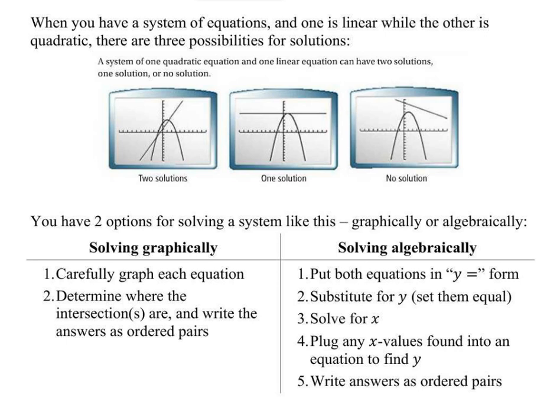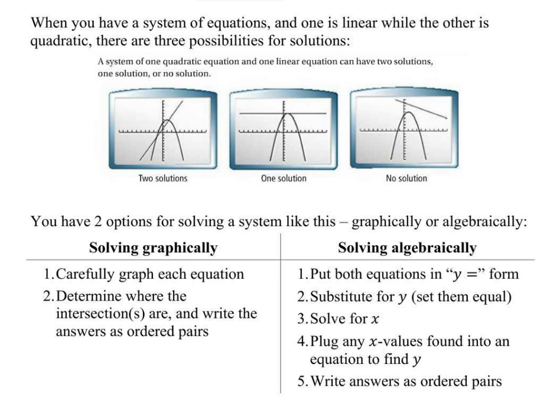So, when you have a system of equations and one is linear while the other is quadratic, there are only three possibilities for solutions. If one is linear and the other is quadratic, what's one graph going to look like? A line, and the other one will look like a parabola.